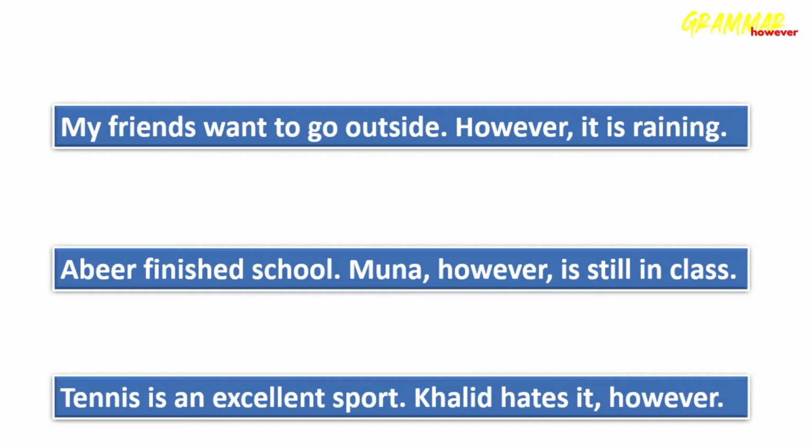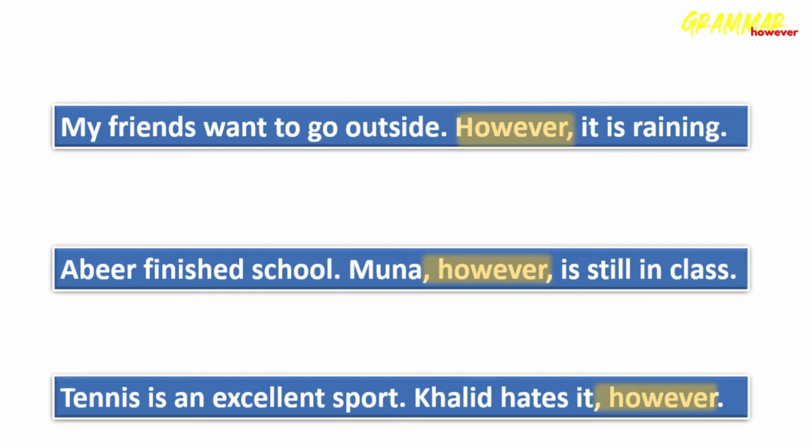Tennis is an excellent sport. Khalid hates it, however. So we've used however in the beginning of a new sentence. We've used however after a subject, Muna, and we've used however at the end of a sentence.